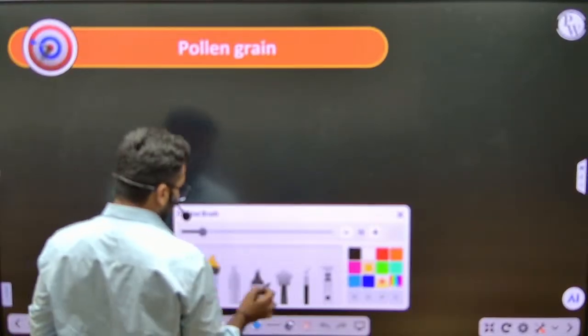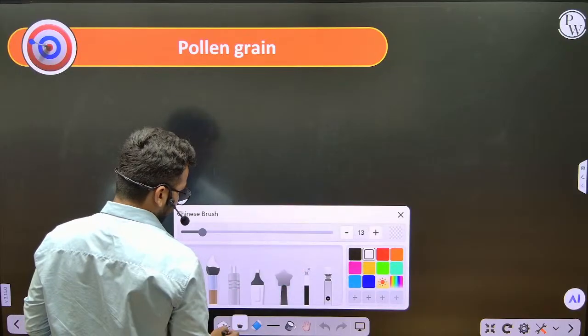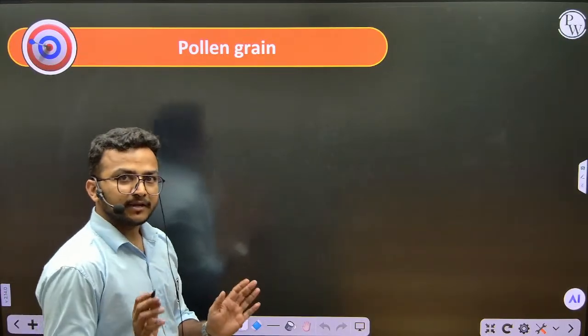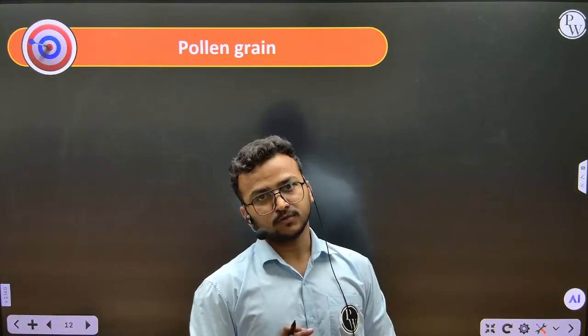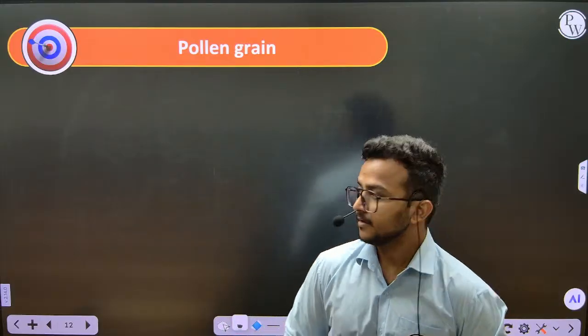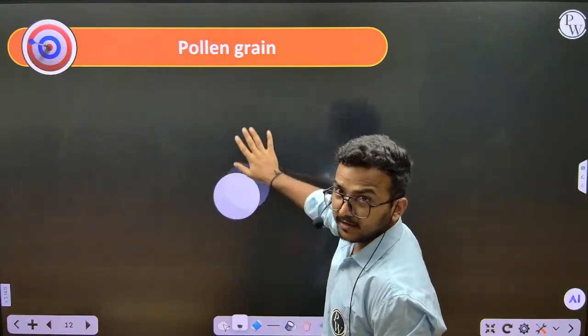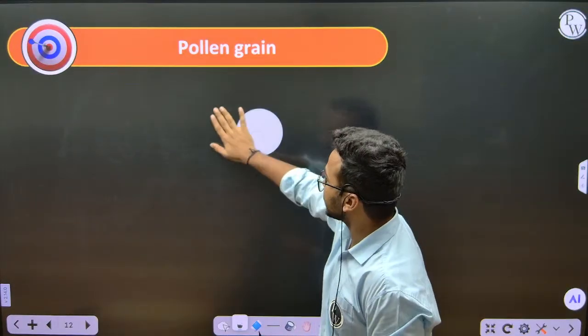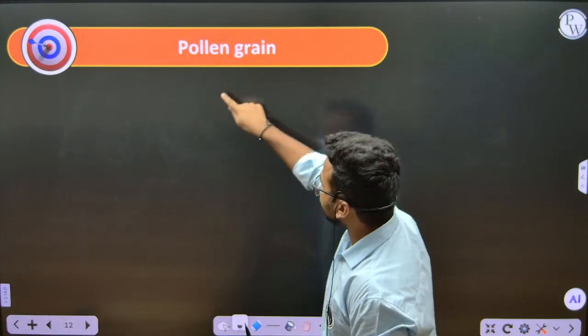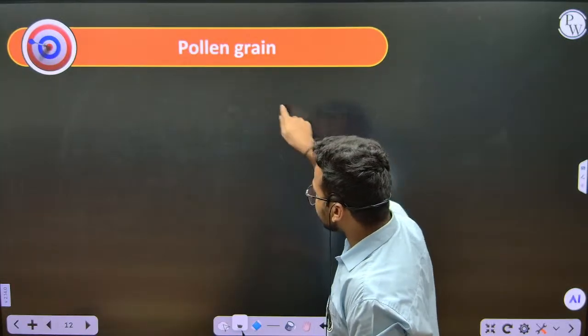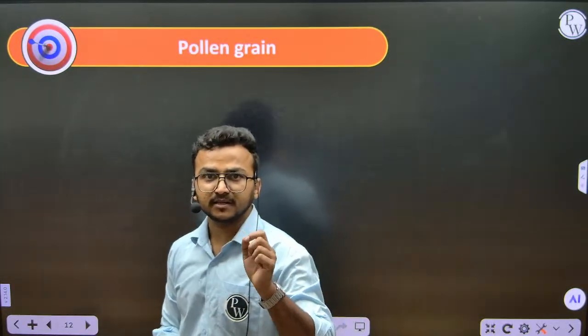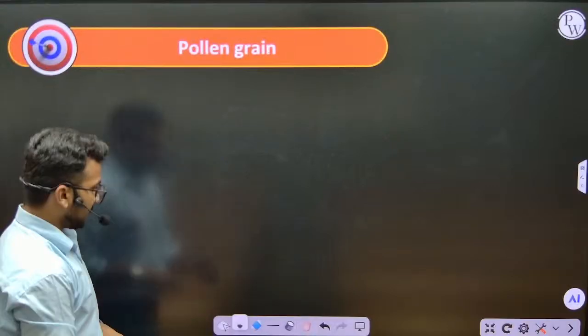Now I'm drawing a layer here. A pollen grain of course is a cell. You know that it is just a cell. So what will be there in a cell? A cytoplasm will be there, and a membrane covering that cytoplasm, which we call the plasma membrane. So here I am drawing a plasma membrane.